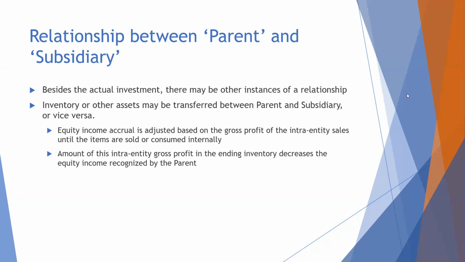Or we could have a company that buys coal from a subsidiary that invests in a coal company, and they're using the coal to manufacture their own products. When the subsidiary sells that coal to the parent company, we record the gross profit of that sale after the coal is then consumed. So again, that amount of the intra-entity gross profit in the ending inventory reduces the equity income that's recognized by the parent.